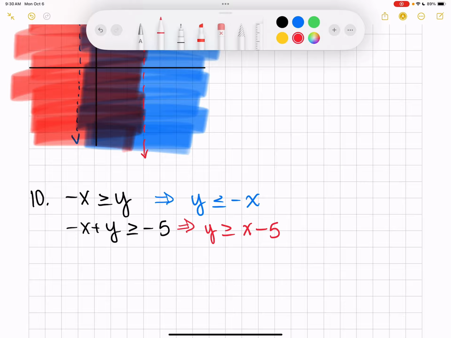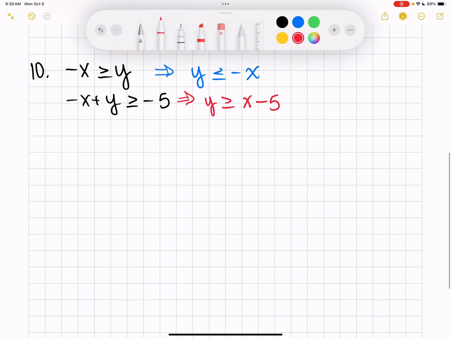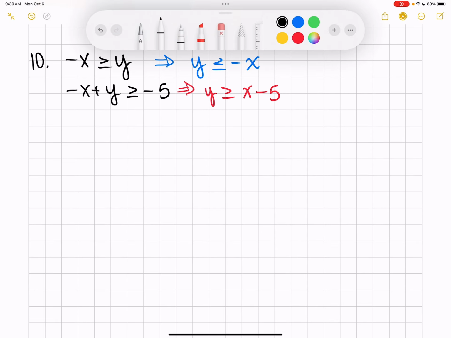So what's going to be true about both of these? Solid line. Yeah, they're going to be solid. So I'm going to set up a graph here. All right, so the first one has an intercept of 0.